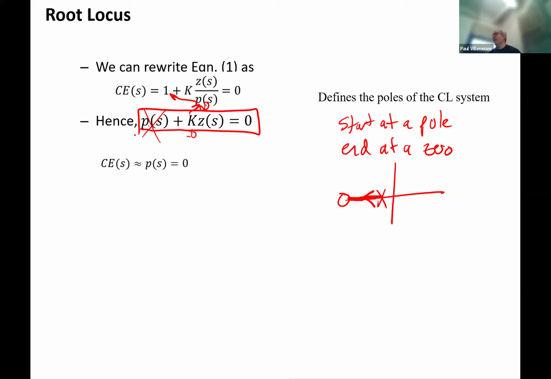The poles plus K times the zeros has to be equal to zero for it to be a valid root point.